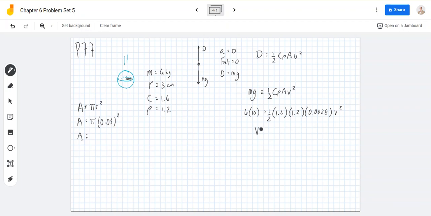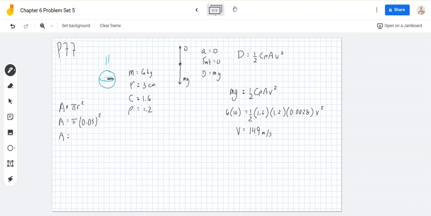Plug and chug that, and don't forget to take the square root, and I have 149 meters per second. Again, I'm using a G value of 10. If you're using 9.8, you're going to get something slightly different, but it should be close.